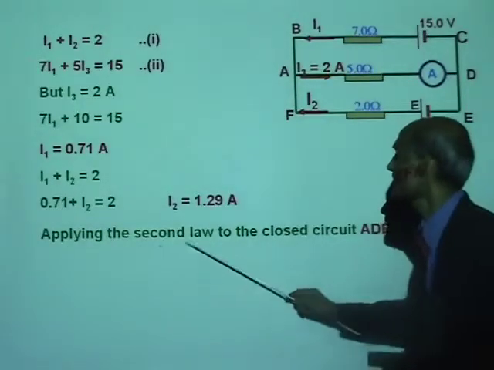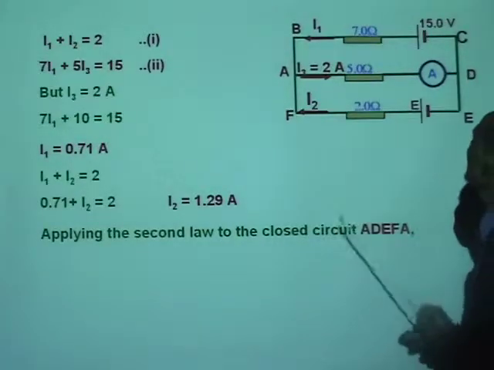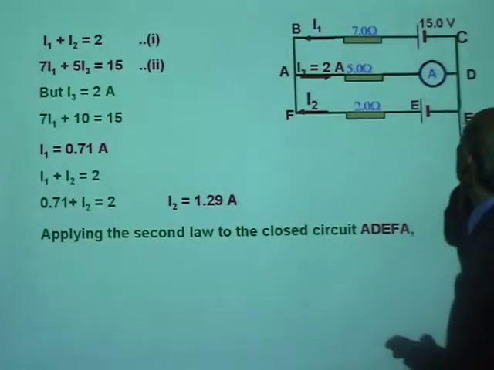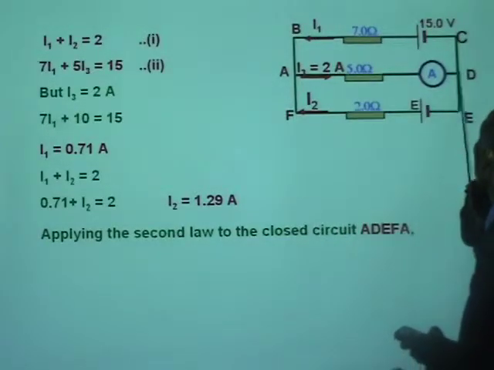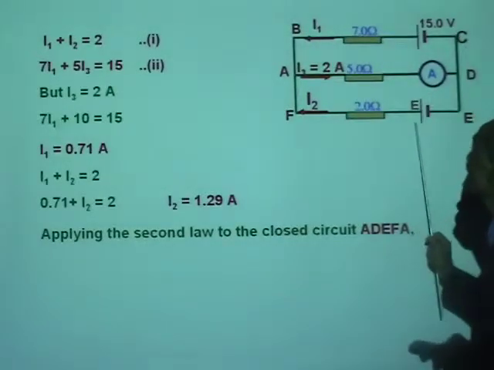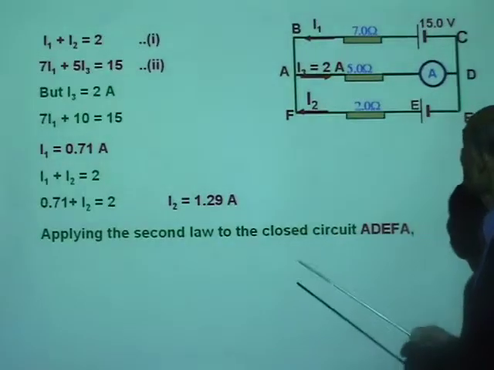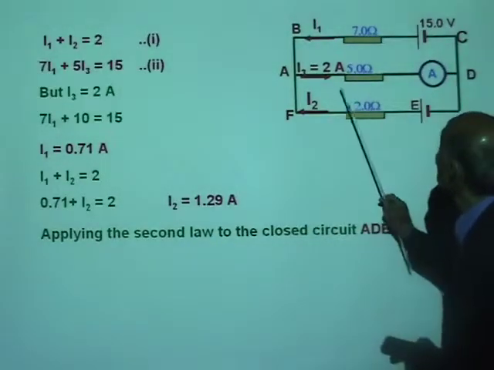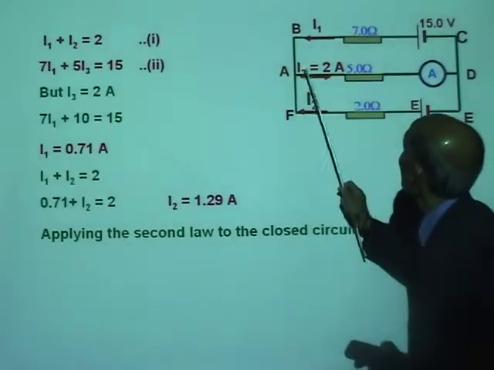Let's apply the second law to the closed loop circuit ADEFA. Look at that, ADEFA. Why did I choose that loop? Because that's the loop that contains the cell whose EMF we need. Alright, can you help me write the equation? ADEFA.